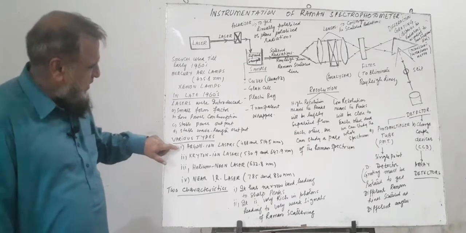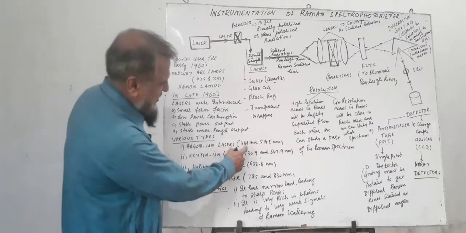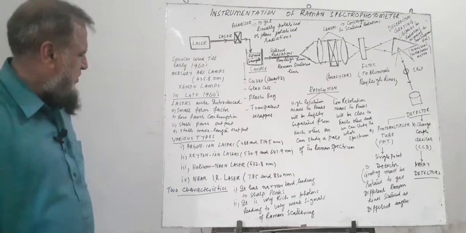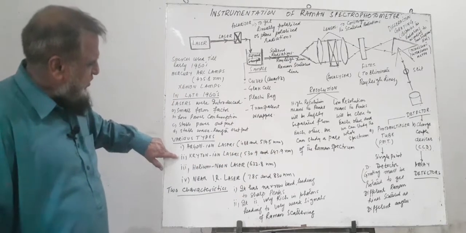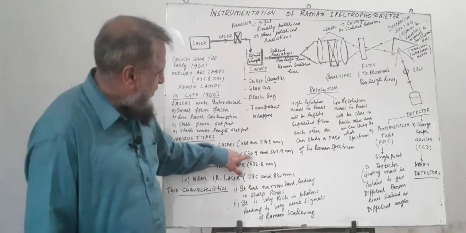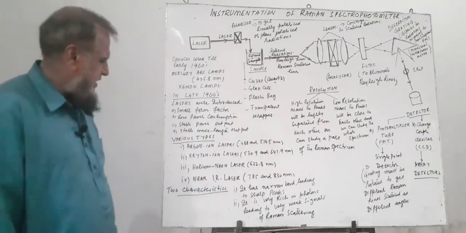Now, different types of lasers have been commonly used. Examples are: number one, argon ion laser, which provides us radiations of wavelength 488 and 514.5 nanometer. Second laser source is krypton ion laser, which provides 530.9 and 647.9 nanometer wavelength radiations.